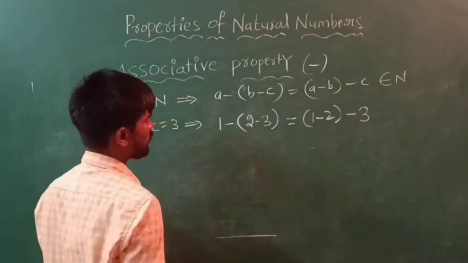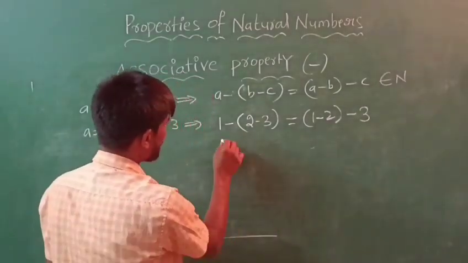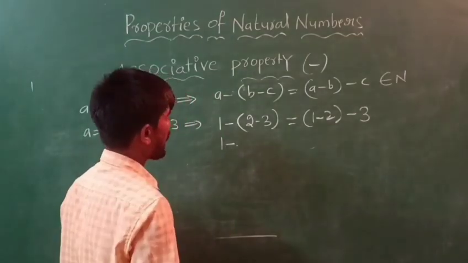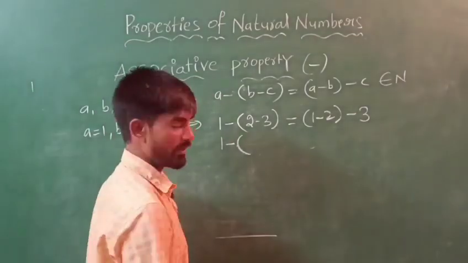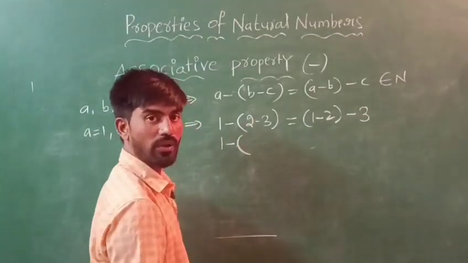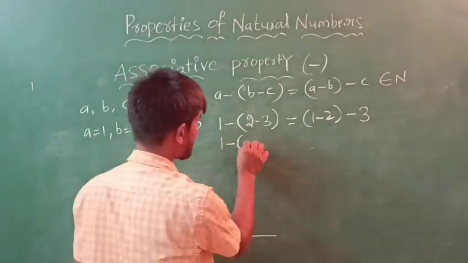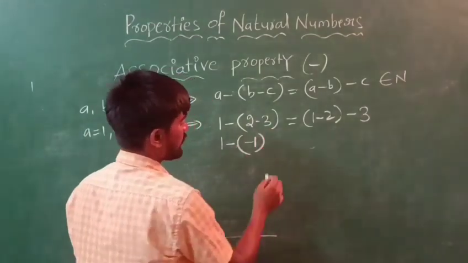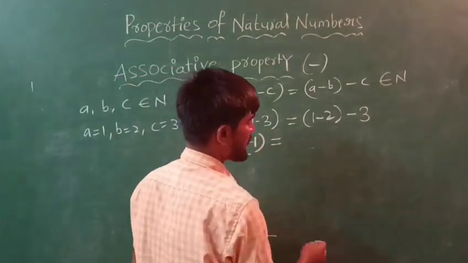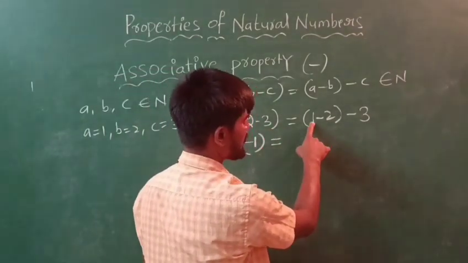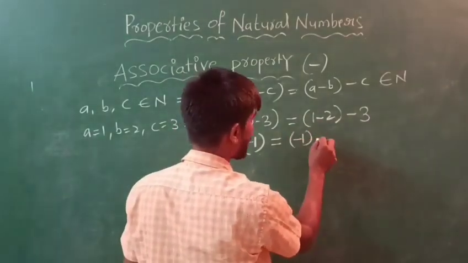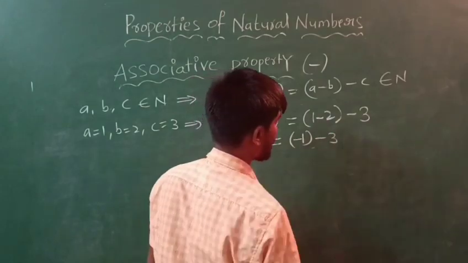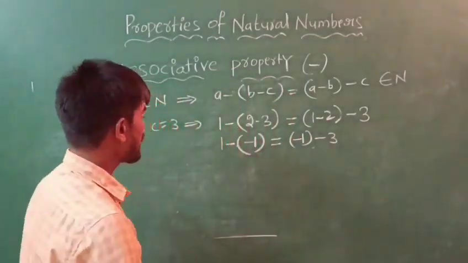Left hand side: 1 minus (2 minus 3), 2 minus 3 means minus 1. Right hand side: 1 minus 2 is minus 1, and the rest is minus 3.